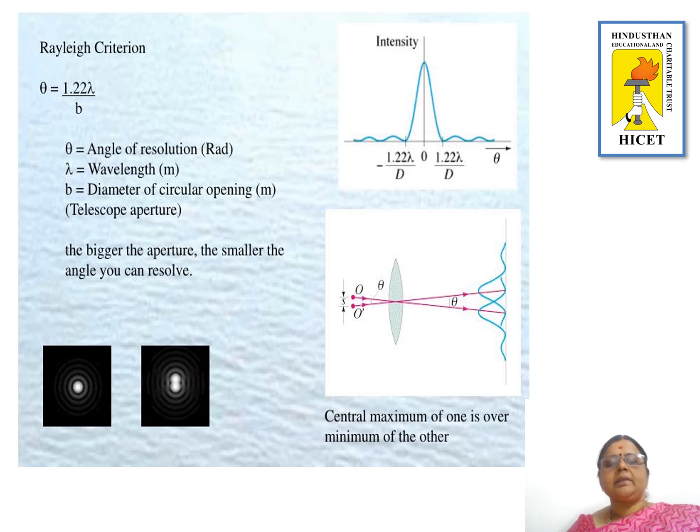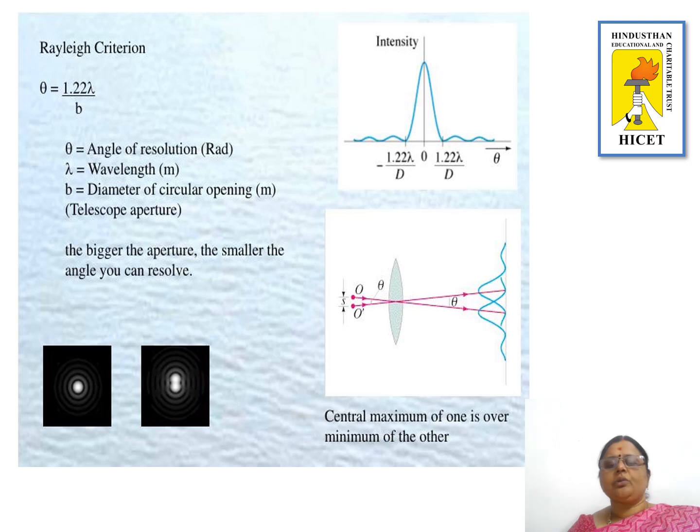Theta is the angle of resolution measured in radians, lambda is the wavelength in meters, and D is the diameter of the circular opening in meters. The bigger the aperture, the smaller the angle that is resolved.